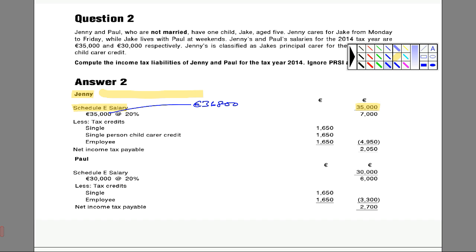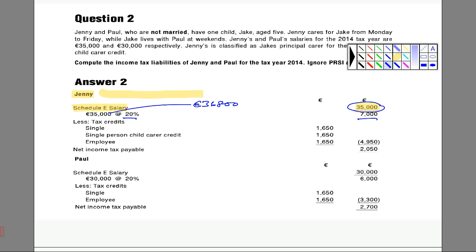So that's the reason that her salary of 35 is all taxed at 20%. Okay? So if we tax that at 20%, we get a figure of 7,000.